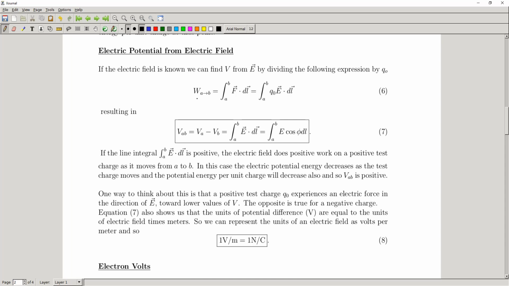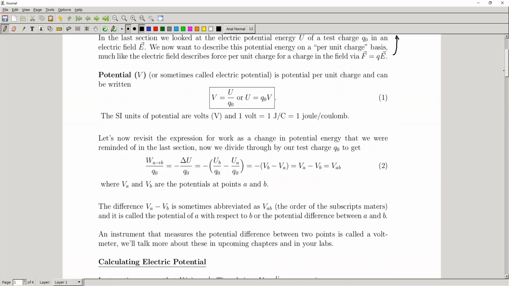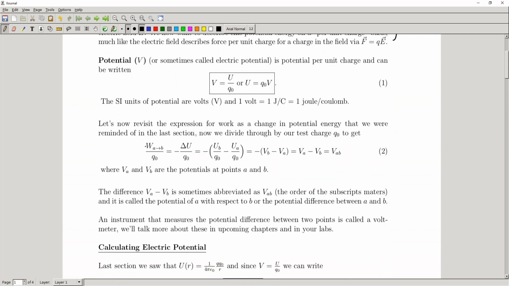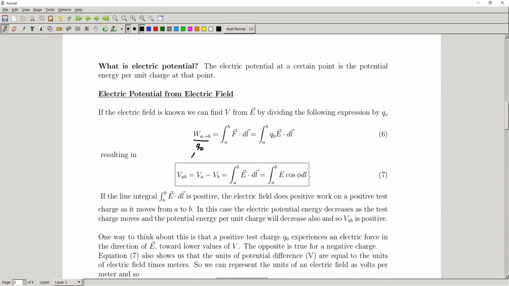Well, we know that if we divide our work by Q naught, we saw above here that we defined that, where was it, up here, that we defined this as our VAB, right? So let's go back down here. This is basically our VAB, and we know we can rewrite our VAB as VA minus VB.